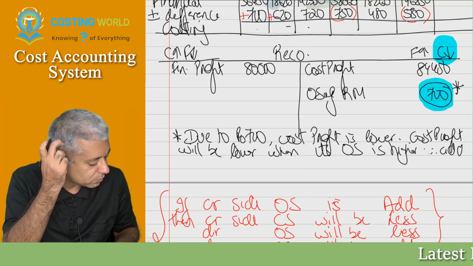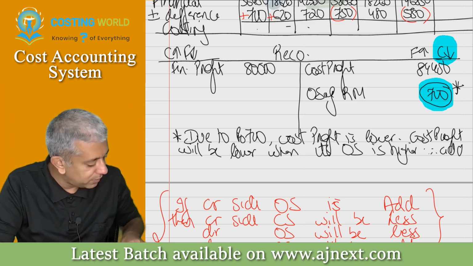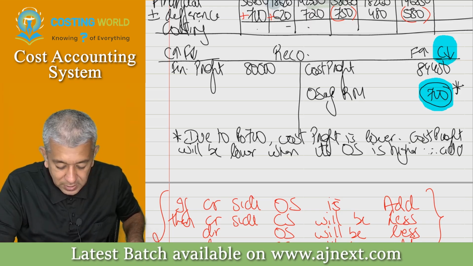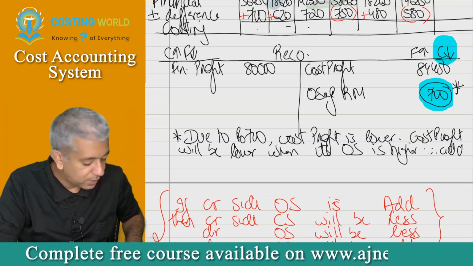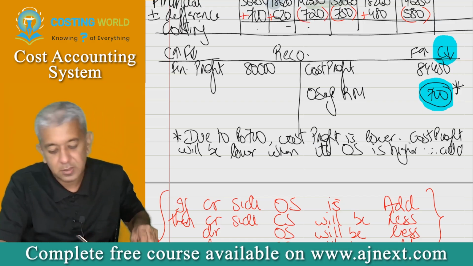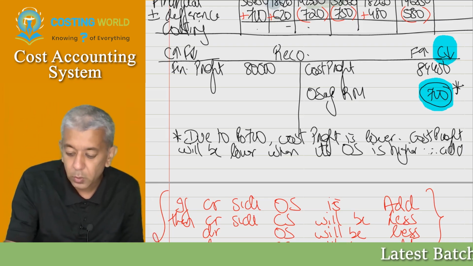Then closing stock of WIP will be reverse. It's debit side closing stock, that will be add. Then debit side opening stock will be less. Are your signs correct, beta? Yes, sir. Okay, you get the numbers fast, please.